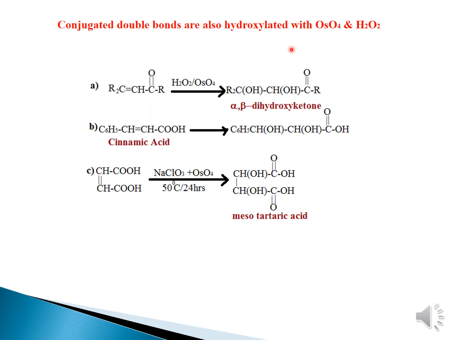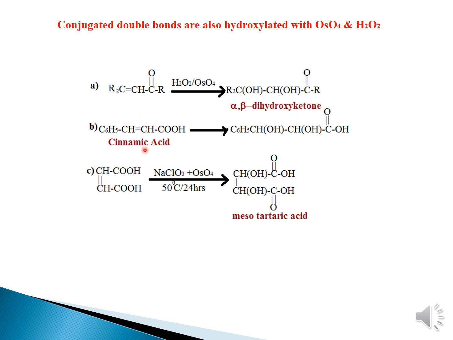Conjugated double bonds will also be hydroxylated in the presence of osmium tetroxide and hydrogen peroxide. Here you can understand that this alkene is affected by the formation of OH, ending up with diol formation. With this starting material, you end up with the product alpha,beta-dihydroxy ketones.